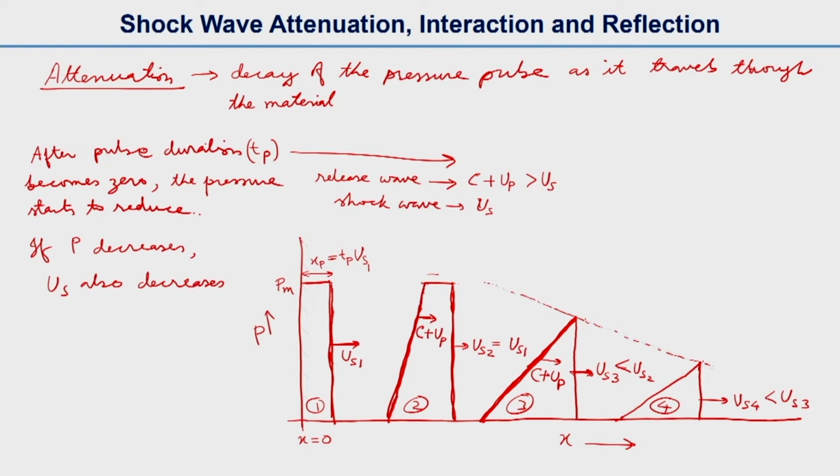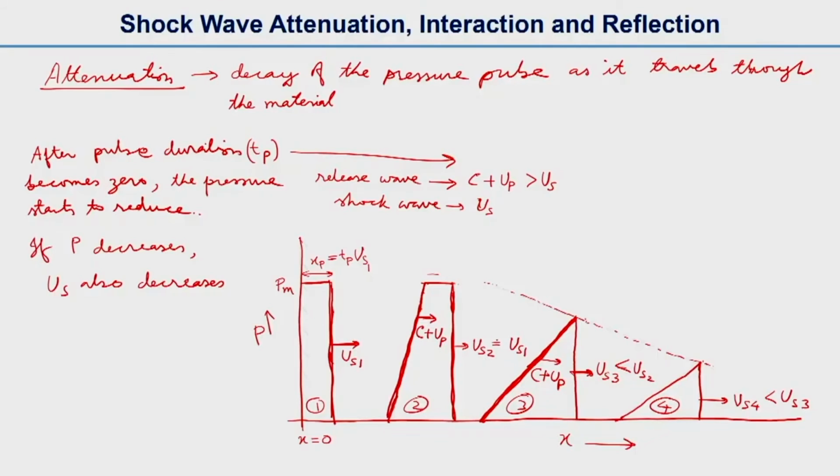If you look at these experimental values, the shock wave velocity decreases with the pressure. That's why US2 and US1 are equal, because the peak pressure is the same, but US3 is less than US2 and US4 is less than US3, as you can see from this plot.